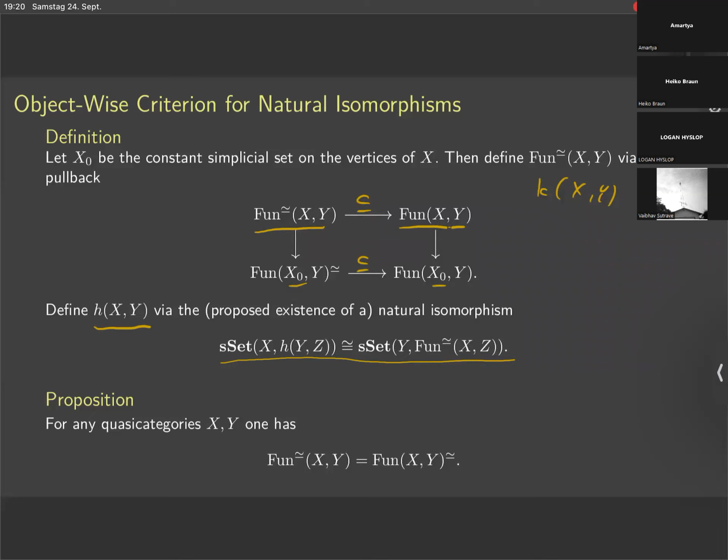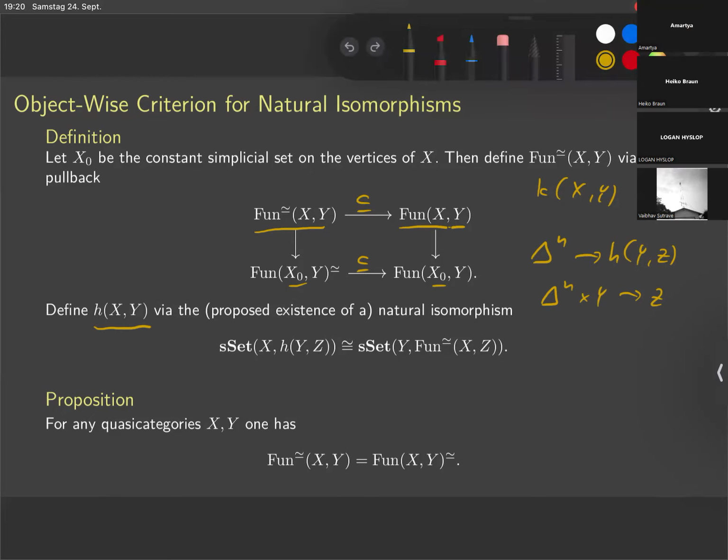In this way, this means here that the simplex of this H, so when we have some simplex, delta n to H(Y, Z) in the situation, this corresponds to some map delta n cross Y to Z. And now this would be all the maps such that when we evaluate on any vertex, so the constant parts, we stay constant on delta n and vary here.